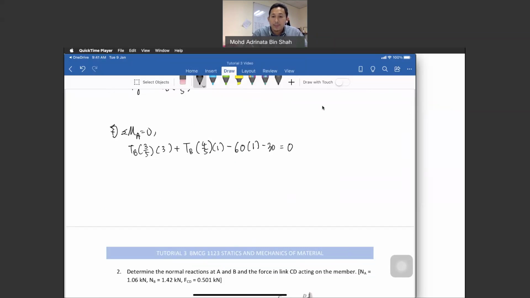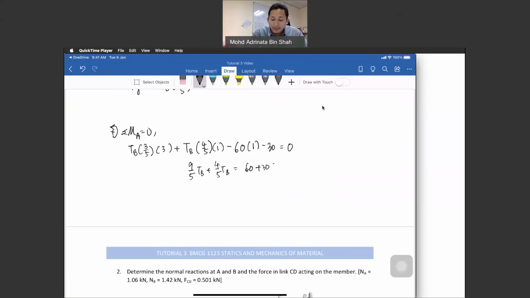So for this equation, we have only one unknown. So from this equation, we can solve our TB. So we have 9 over 5 TB plus 4 over 5 TB equals to 60 plus 30. Then 9 plus 4 is 13.